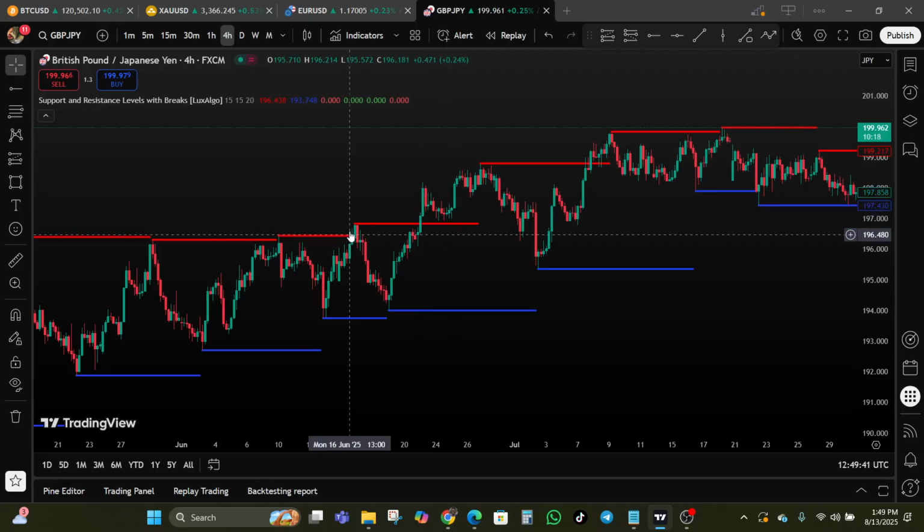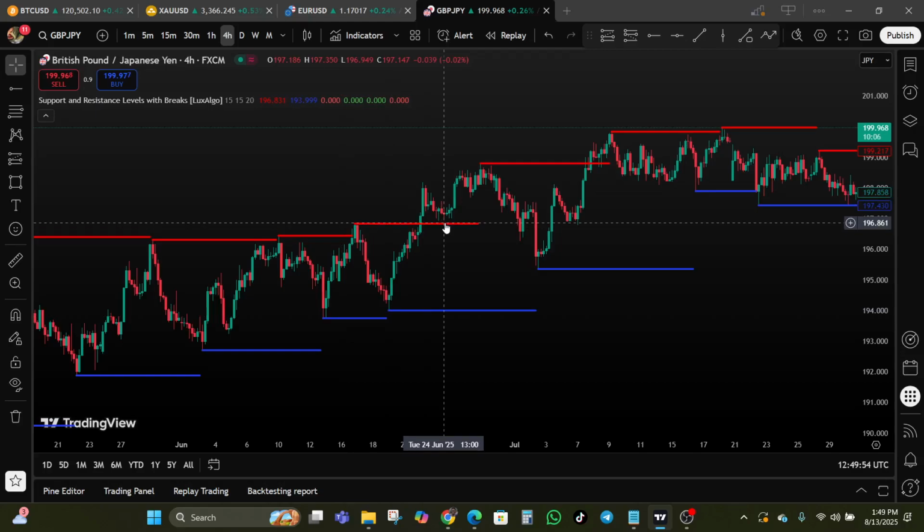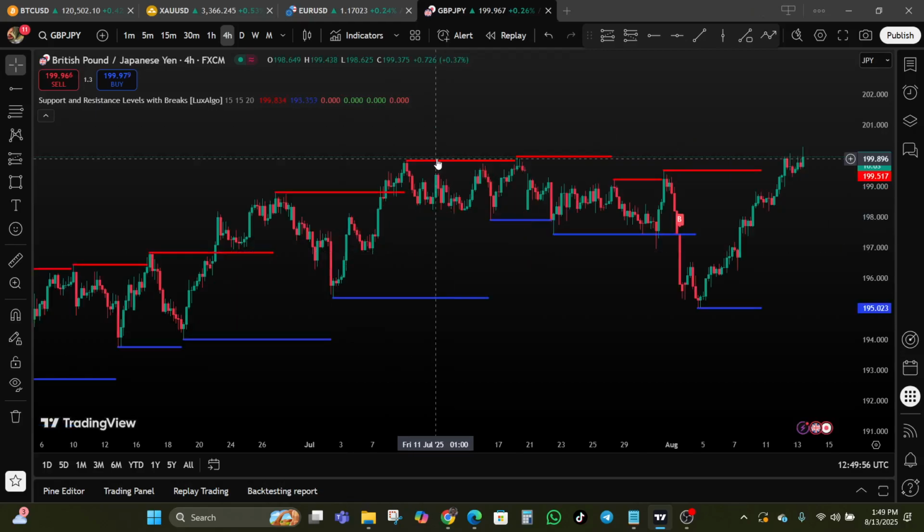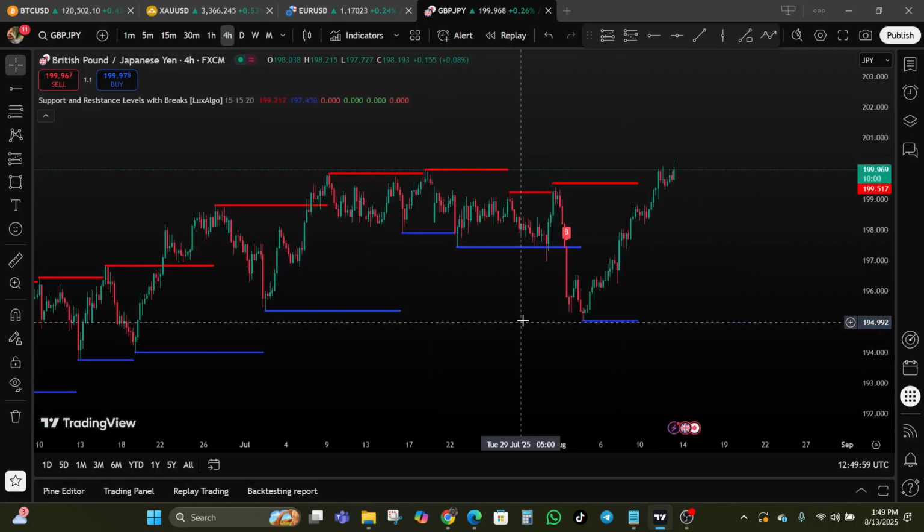Now in this case, we had a break from this zone, but then price came back close to this initial support and then went back up. Then here we had a break and then a retest and continuation. So basically all these swing highs and swing lows are going to be important levels for you, whether you are a breakout trader or even a trend following trader.